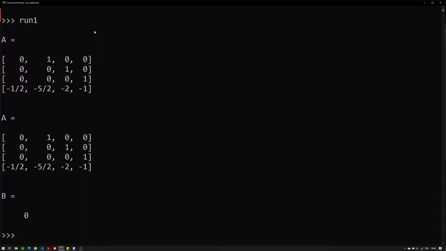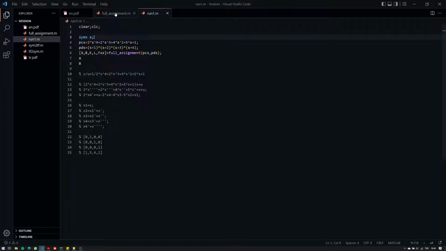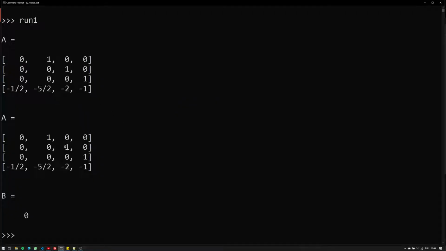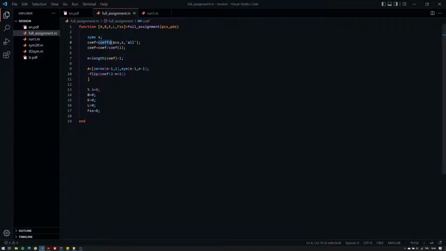There we go. Now you can see that I use zeros n minus 1 by 1, which is this column vector here. This is therefore a 3 by 3 identity matrix, and then I flipped the last row and flipped also the sign, and I also divided by 2. Since I'm using coefs here, it is a symbolic expression, therefore you can see that it is divided by 2, etc. So these are symbolic expressions.